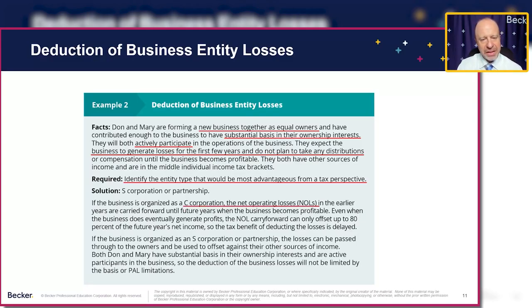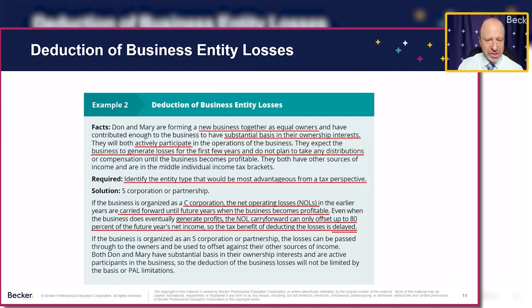Well, think about this. If you're a C corporation and there's a loss, it creates an NOL, a net operating loss. And you have to carry that NOL forward to future years when you're profitable and you have income to offset. So we're not going to get that for a while. We have to wait for this business to generate profits. So we're going to have to carry that NOL forward for a number of years before we can deduct it. And even when we do get to deduct it, we can only deduct up to 80% of future income.